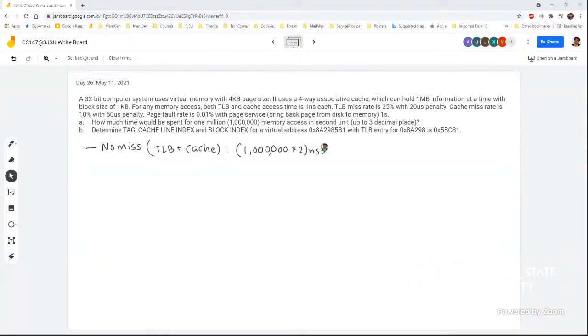So it is like 2 million nanoseconds, which is 0.002 second. Now why 2? Because it says that both TLB and cache access time is 1 nanosecond. So one is for TLB, another nanosecond for cache access.